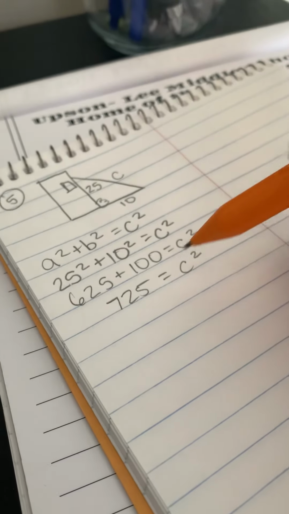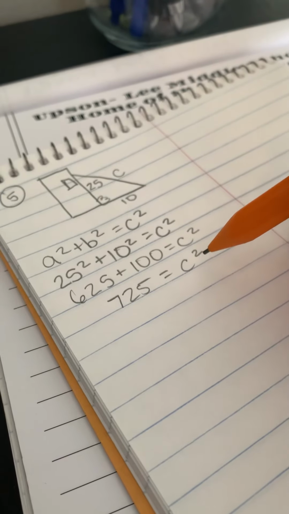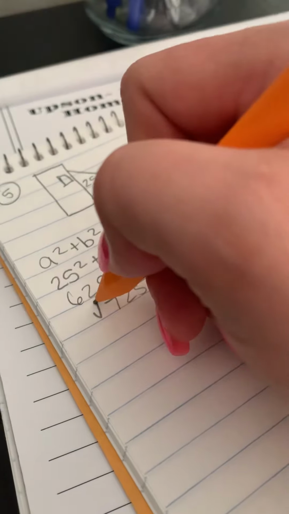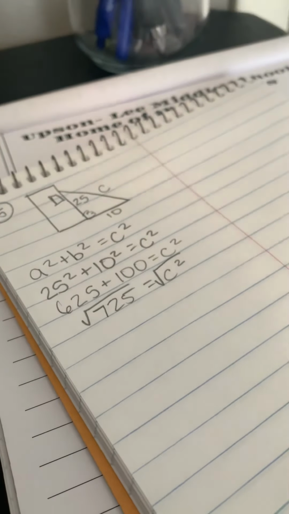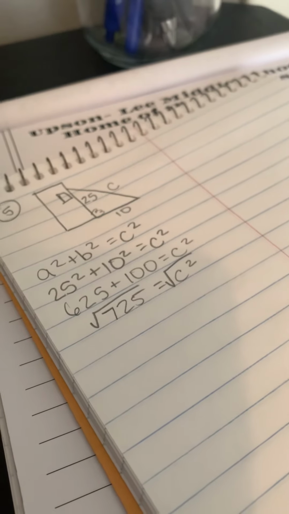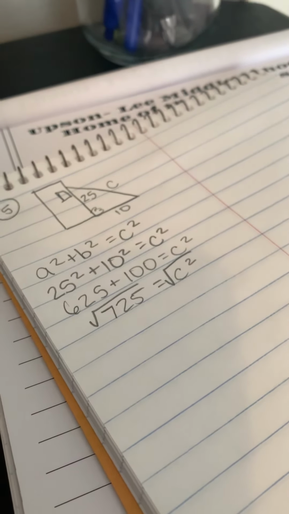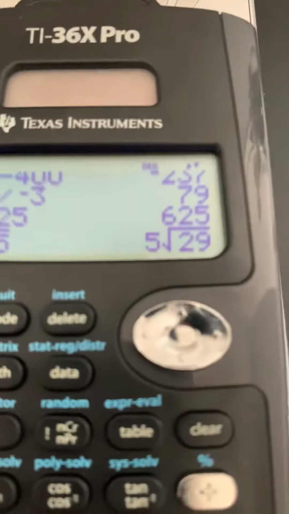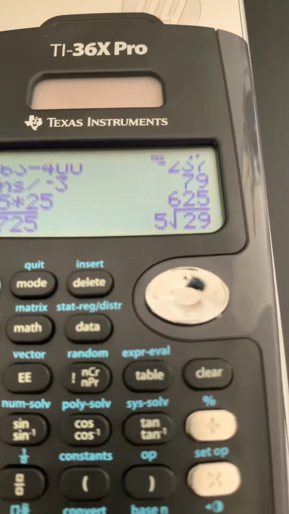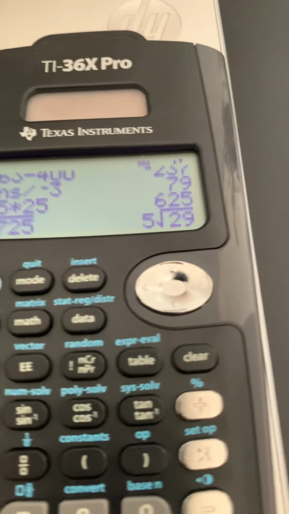Remember, we don't stop here. We don't want to know what C squared equals. We want to know what C equals. So we're going to take the square root of both sides, and the square root of 725, sorry, comes up on my calculator as 5 times the square root of 29. We need a better estimate of how long we want that ladder to be.